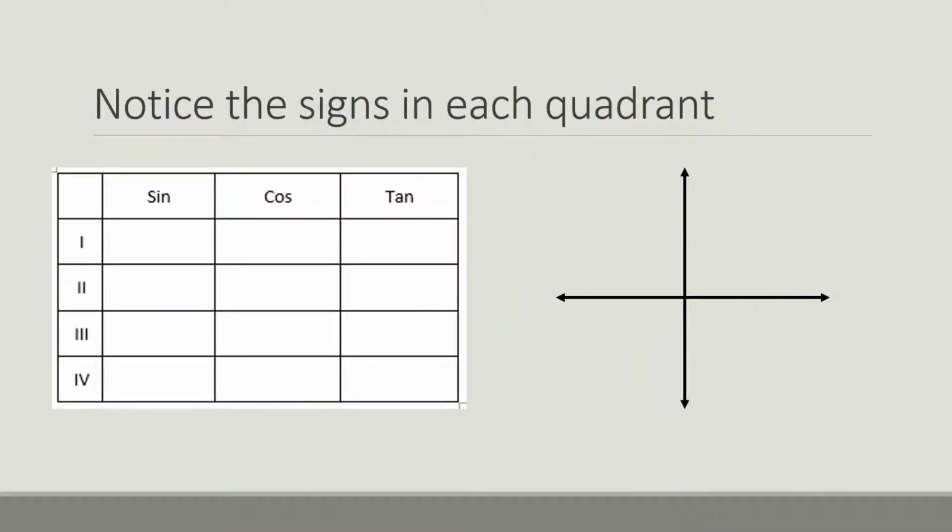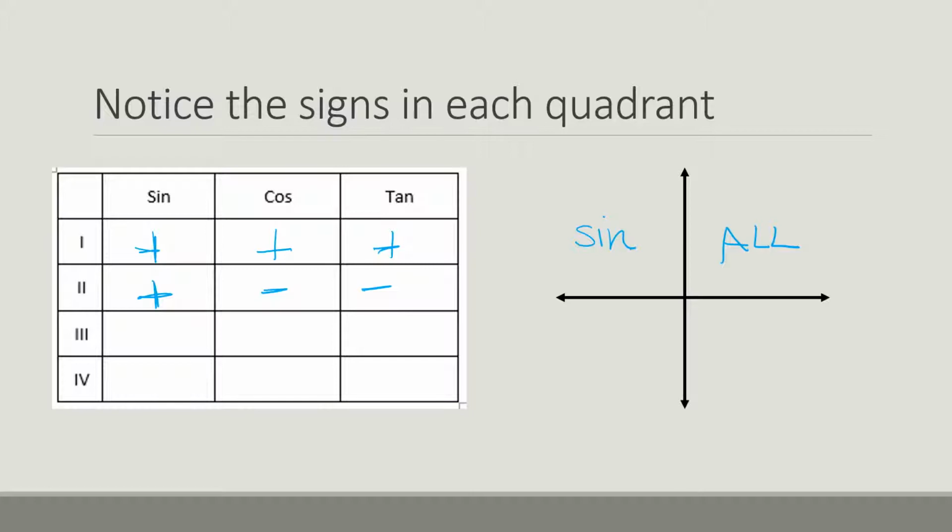Now I want you to notice the signs in each quadrant, okay? In the first quadrant, when you looked at everything, everything was positive. So all of your signs are positive here. Okay. Here, if you look back, only your sine was positive and these were negatives.